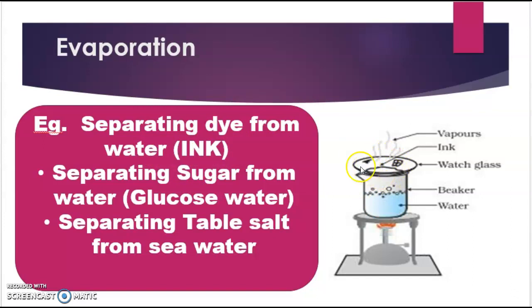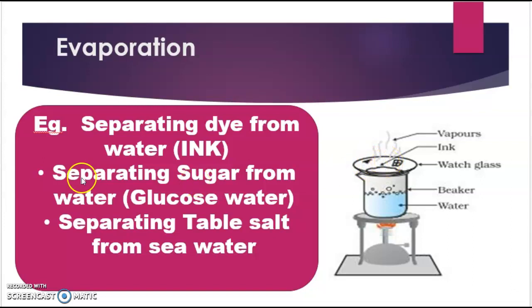When we heat ink in this china dish and increase the temperature, what happens? All the water present vaporizes and a solid is left behind, which is the dye. So this way we can separate a solid dissolved in a liquid.